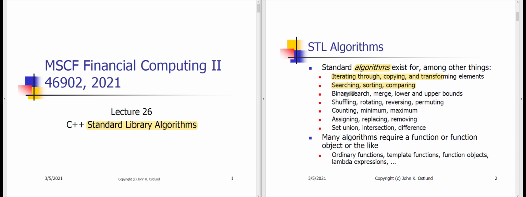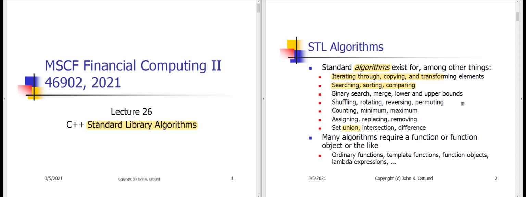We can do things like binary search in a sorted vector. We can merge, compute lower and upper bounds of some kind of sorted container, and shuffling, rotating, permuting, assigning, figuring out the set union, and so on.